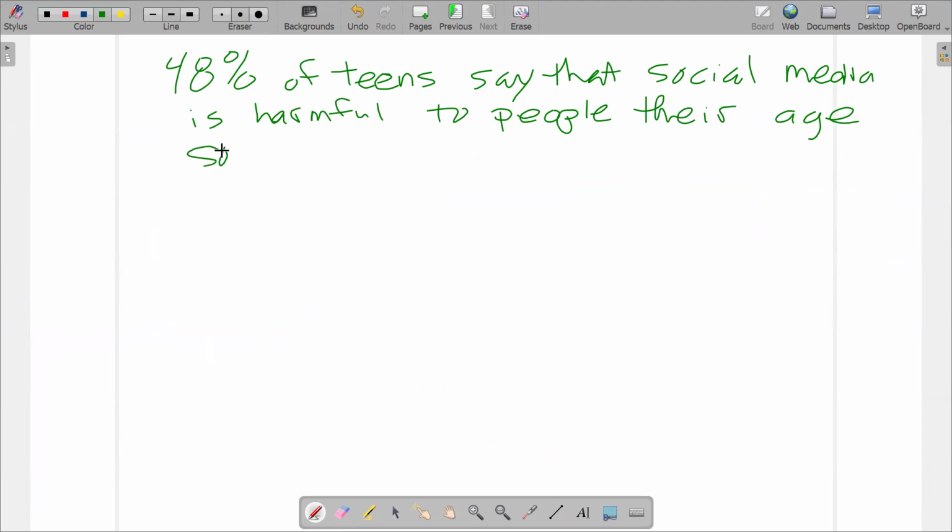The source for this, of course, was Pew Research. And in the fine print, when I read the details, they said the sample size was 1,391 teens.